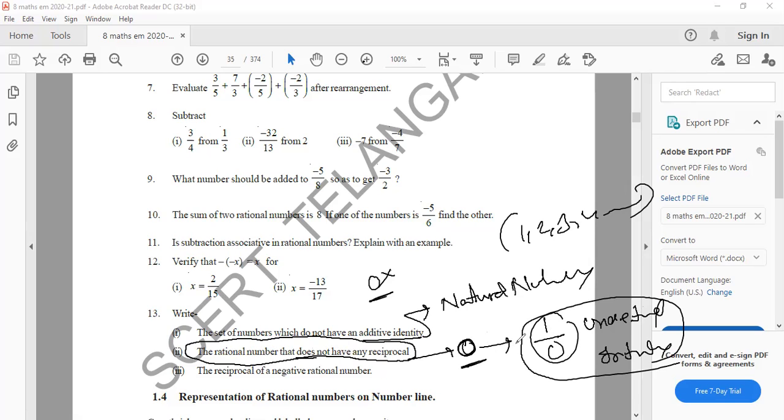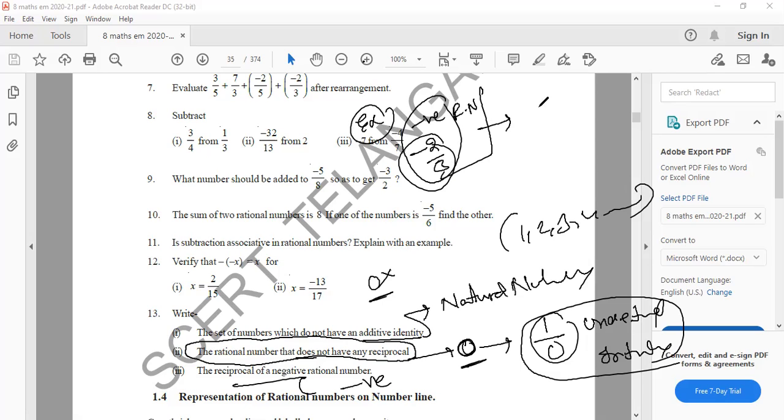Third one: the reciprocal of a negative rational number is negative only. Because I'll take one example. Minus 2 by 3, one negative rational number.